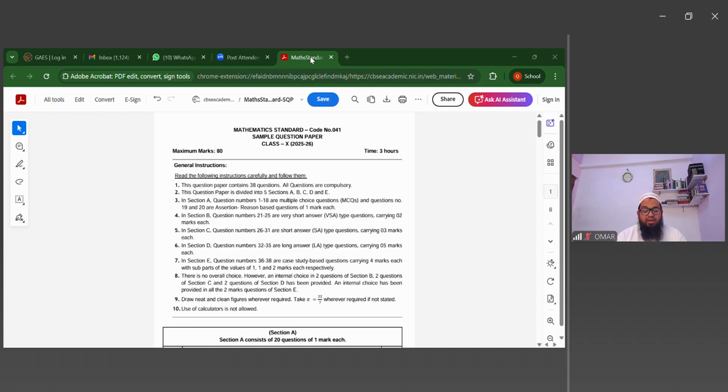Section C, 26 to 31, carrying 3 marks each. That means there are how many questions, my dear? 6 questions which carry 3 marks. They are also the same. Now section D, you have 4 long answer type questions, carrying 5 marks each. That also has no change. In section E, there are 3 case study based questions carrying 4 marks each.